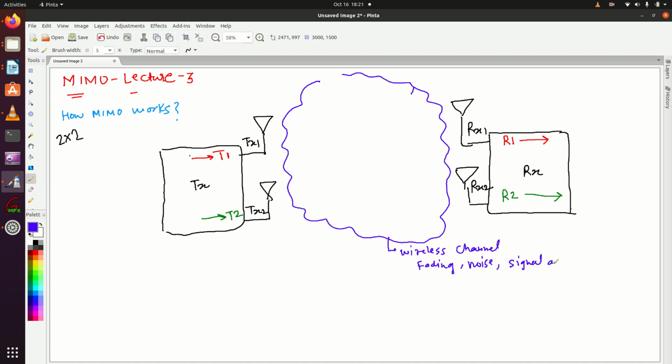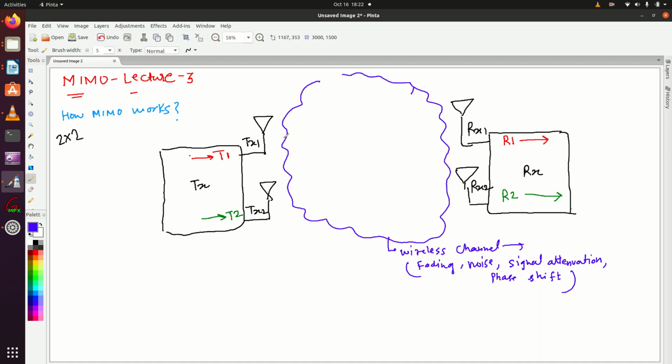Either the strength of the signal will be decreased or increased, or there could be a phase shift. So overall the T1 and T2 signals are distorted by the wireless channel, due to which we are getting R1 and R2 at the receiver unit.